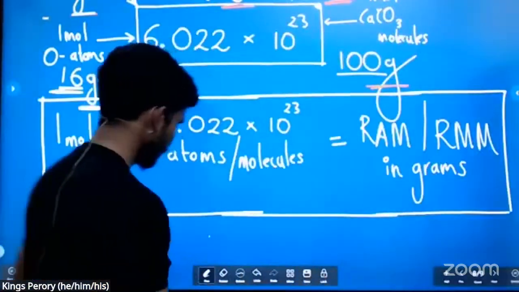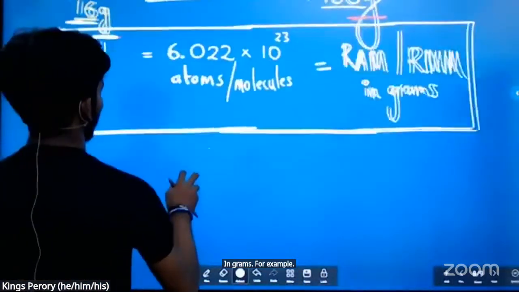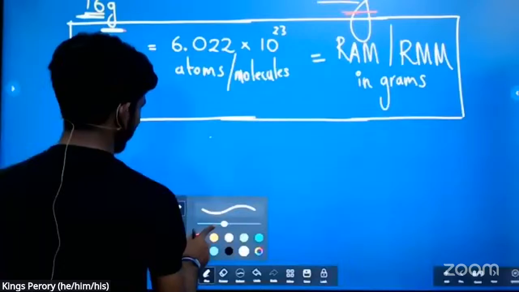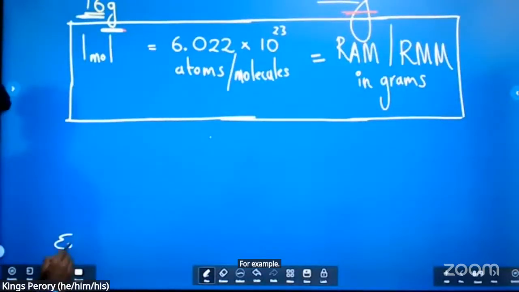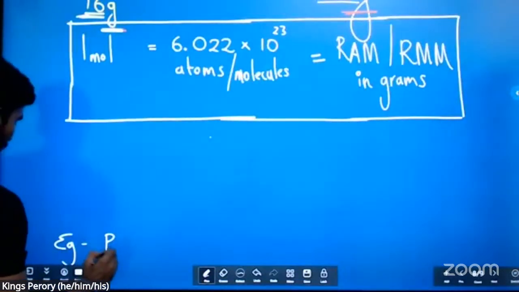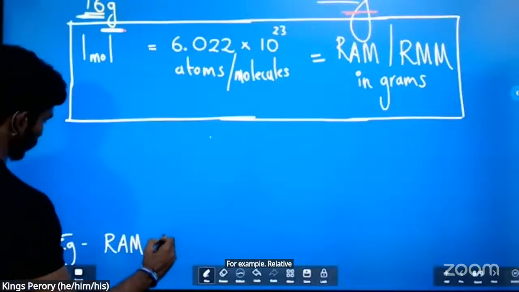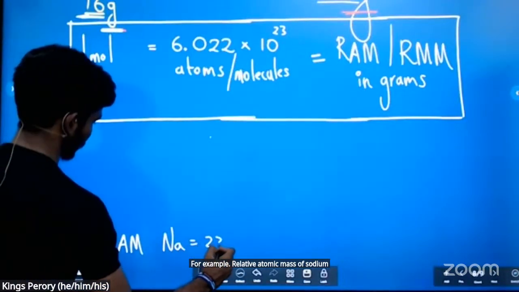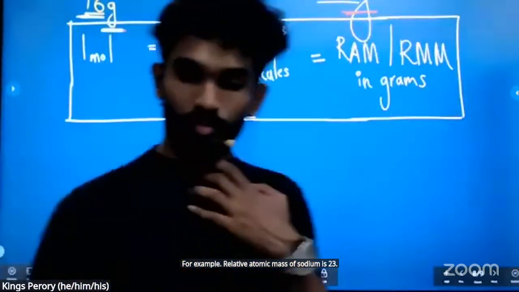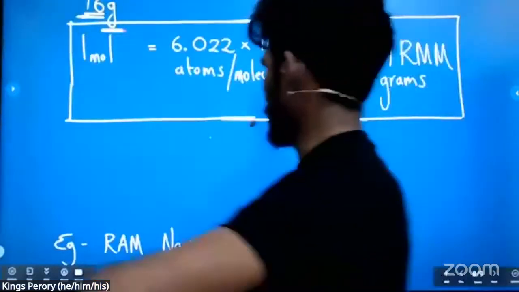For example, relative atomic mass of sodium is 23.